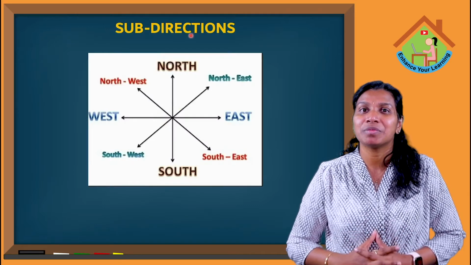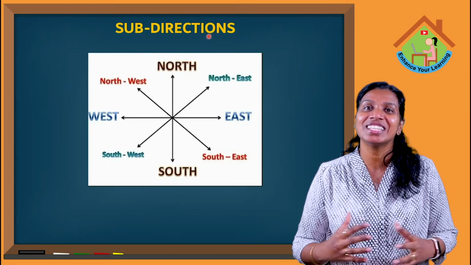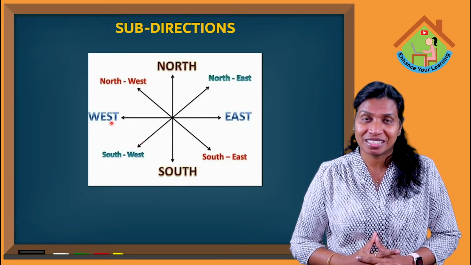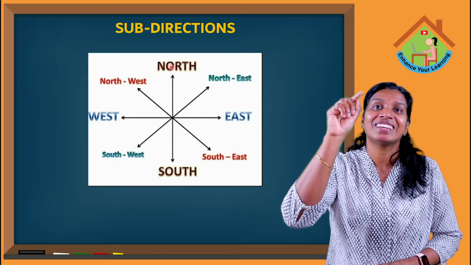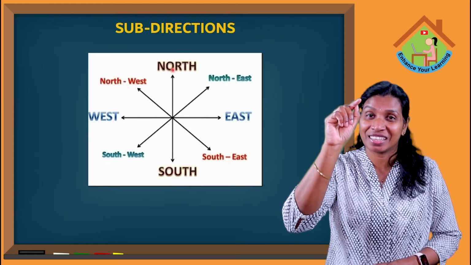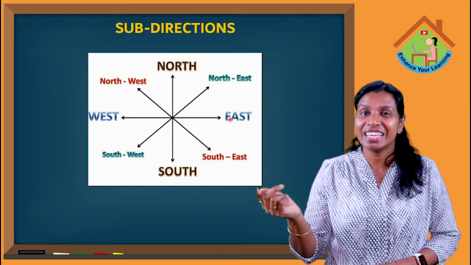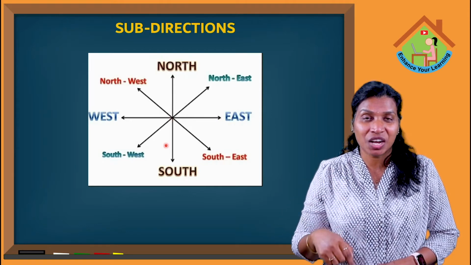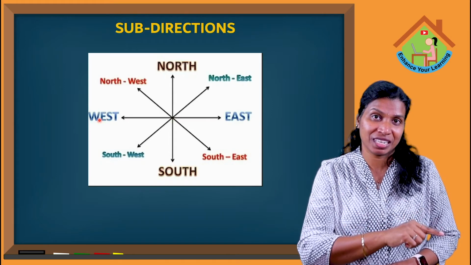What are subdirections? Subdirections are easy to find if you know the main directions. On the top there is north, right? On your right side it is east. Opposite of north there is south and opposite of east there is west, right?